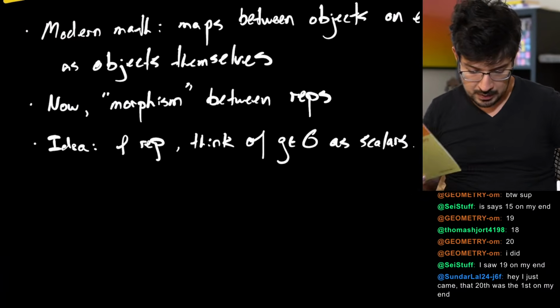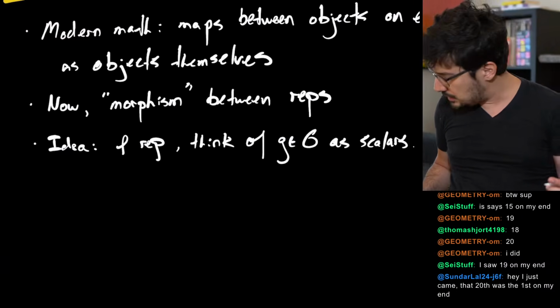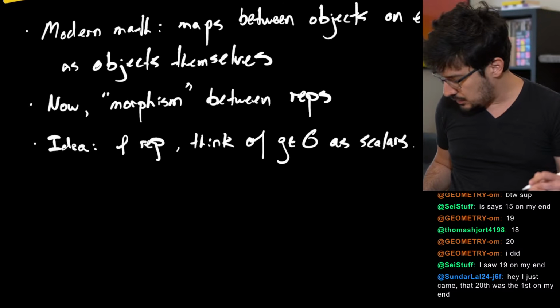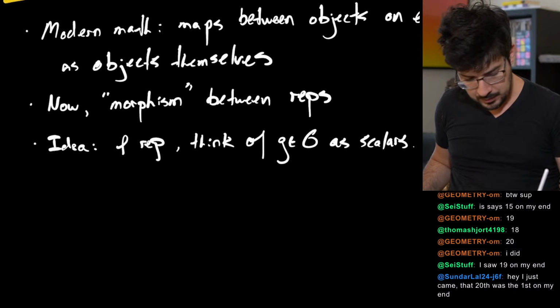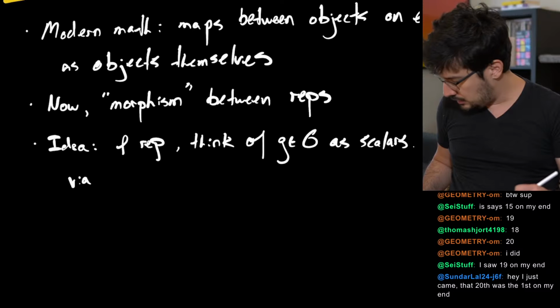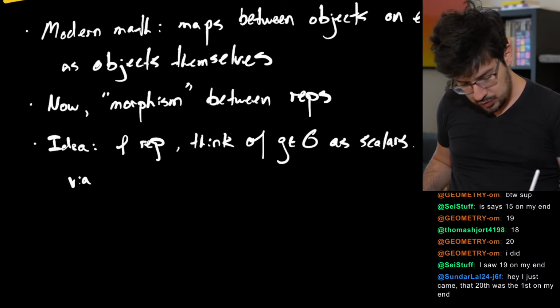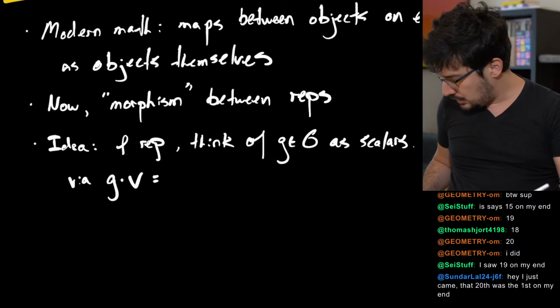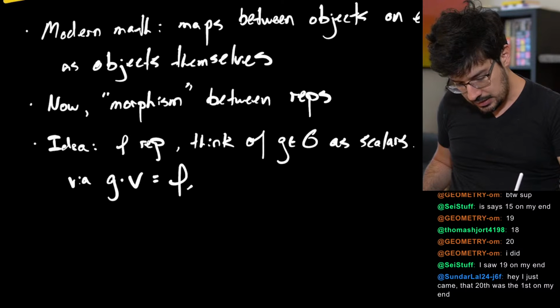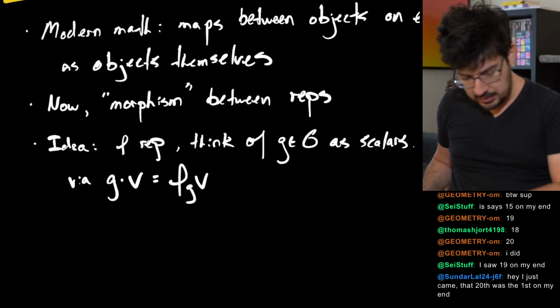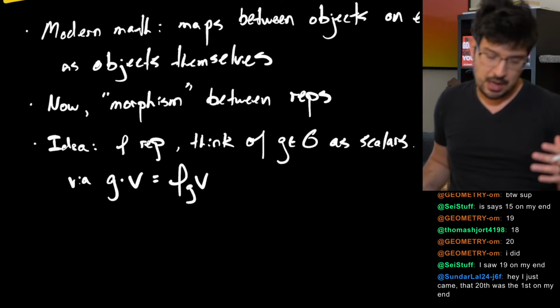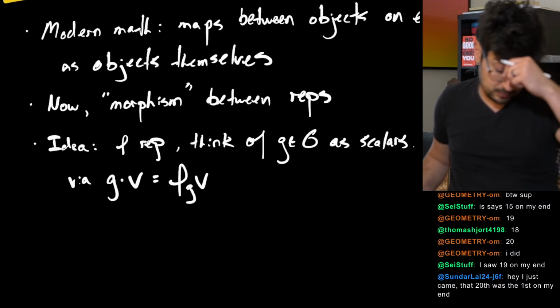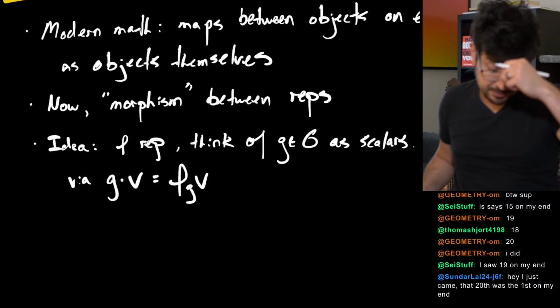Okay, so we think of group elements as scalars via g times a vector. Okay, that makes sense. So we're acting on a vector by a group element.